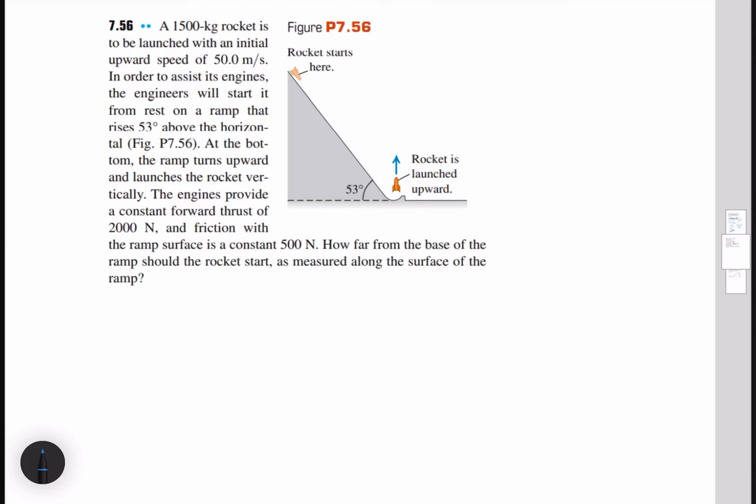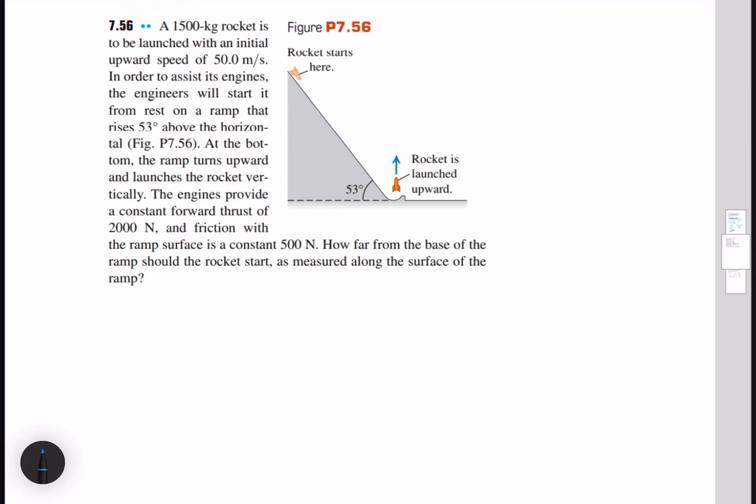All right, let's have this second example. It says there a 1,500 kilogram rocket is to be launched with an initial upward speed of 50 meters per second. In order to assist its engines, the engineers will start it from rest on a ramp that rises 53 degrees above the horizontal.